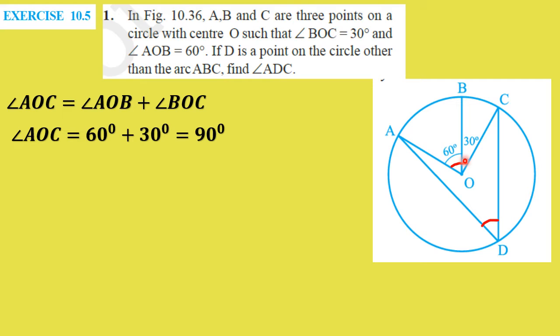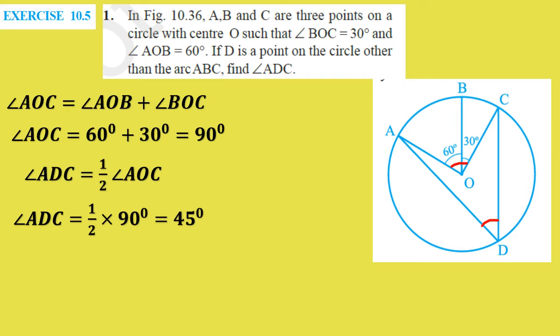As per the theorem, what will be angle ADC? The angle subtended by the same arc at any other point on the circle is half of AOC. Angle ADC will be half of angle AOC, so it is half of 90, that is 45 degrees.